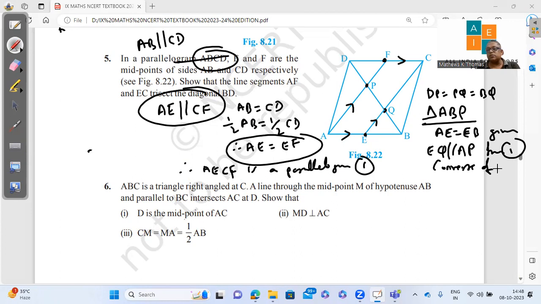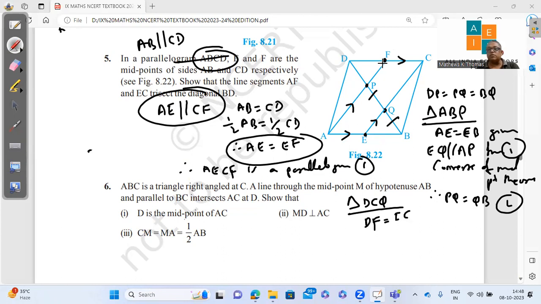So if AE is equal to EB and EQ is parallel to AP, we can say PQ is equal to QB. Now I can repeat this process in triangle DCQ. In triangle DCQ, DF is equal to FC, that is given to us, and FP is parallel to CQ.